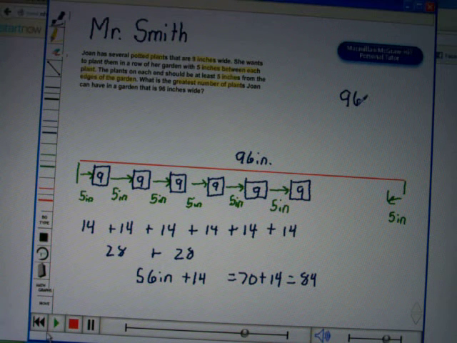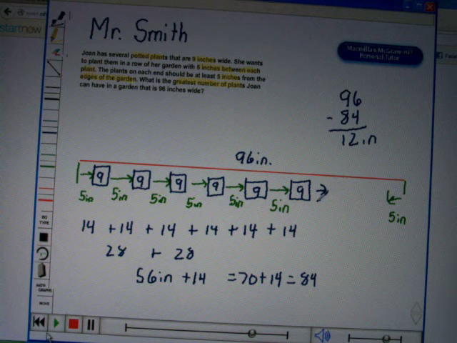I'm going to take the 96 inches, the total length, and the length I've covered so far, which is 84 inches. I'm going to subtract to see how much space I have left. It's 12 inches. Let's see, if I move in 5 inches and plant another plant, will this fit?